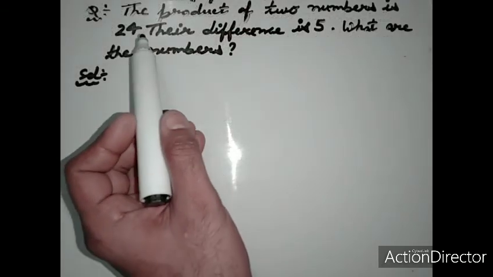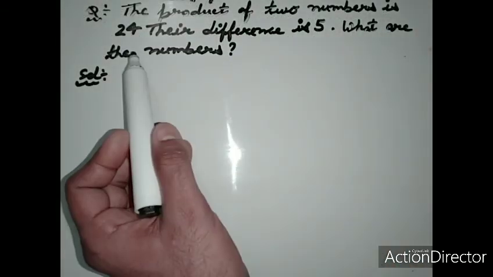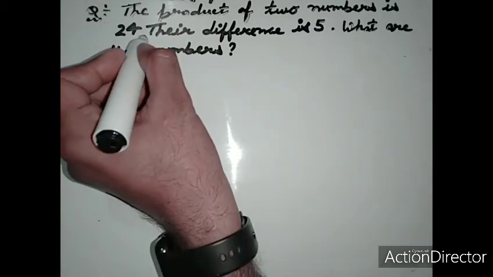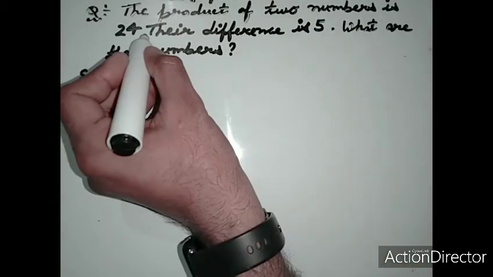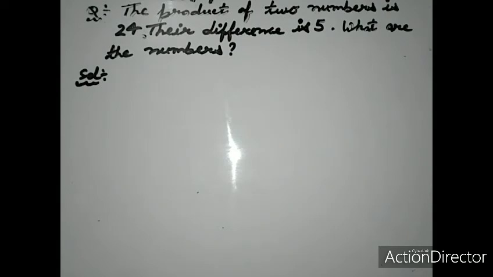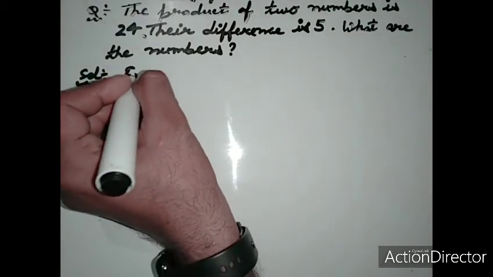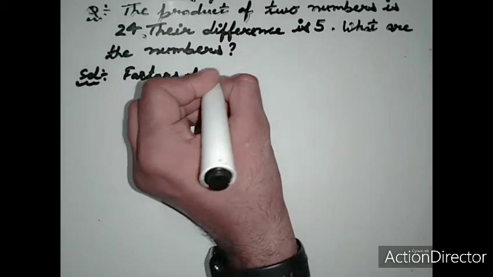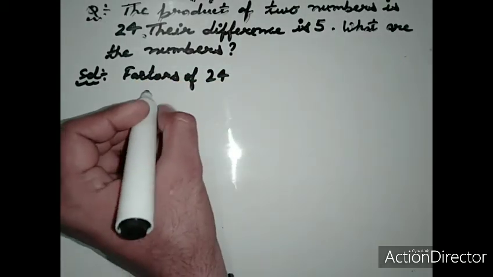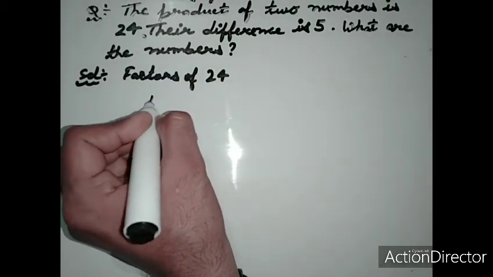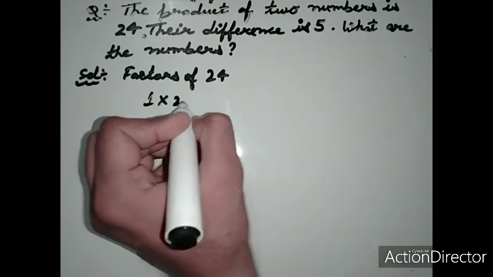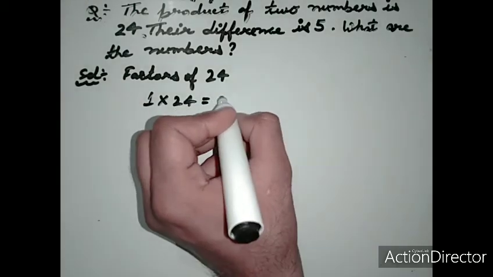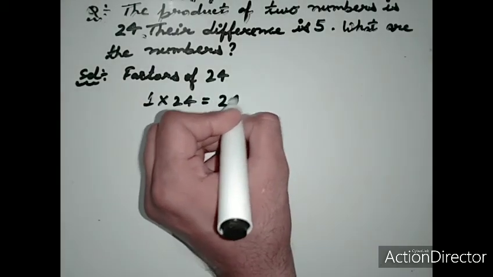Now the next question: the product of two numbers is 24 and their difference is 5. What are the numbers? Here first we find the factors of 24. First we multiply 24 by 1, then we get 24.